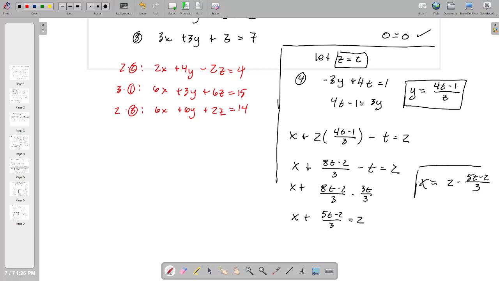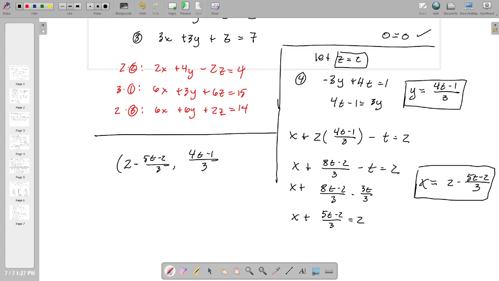And this is okay. So now we've solved for our x, our y, and our z. And our solution is x in the first coordinate, 2 minus 5t minus 2 over 3. Y in the second slot, 4t minus 1 over 3. And z in the third slot, which is just t. This will be your solution.